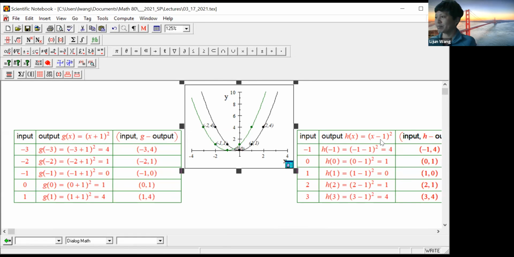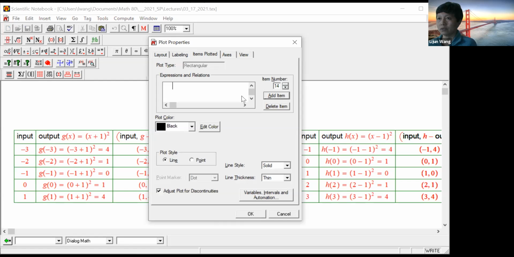Okay. Let's look at x minus 1 squared. So this time, it's -1, 4.